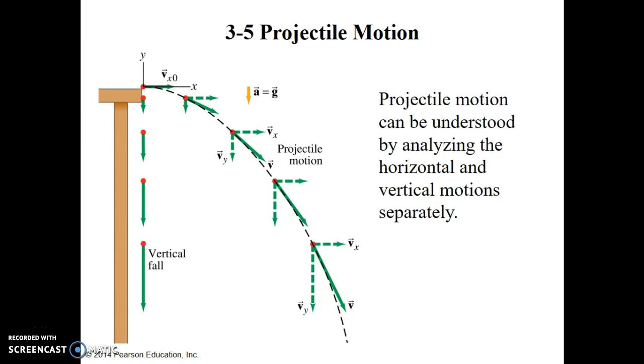But the x component always stays the same in all of these cases. That's the basic idea of projectile motion: we are now adding x and y components, with only the y being affected by the acceleration of gravity.